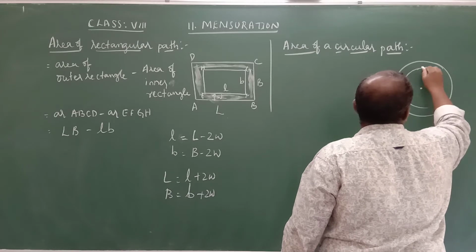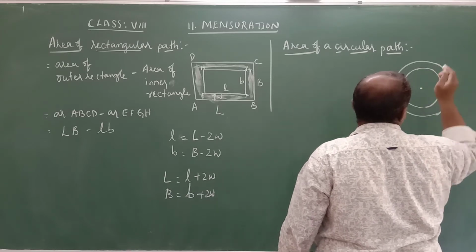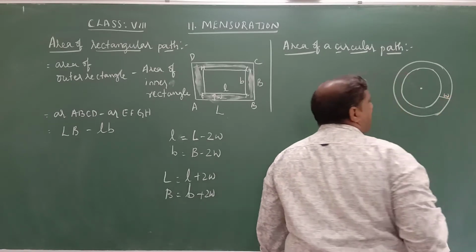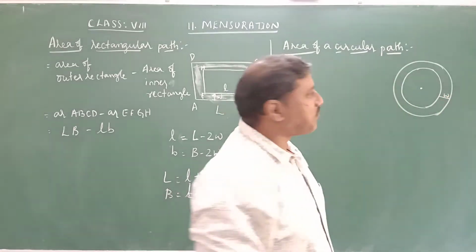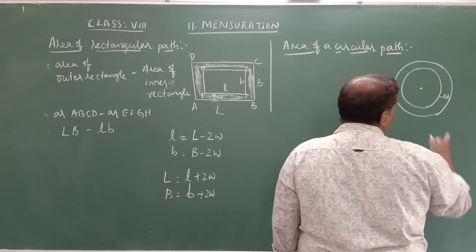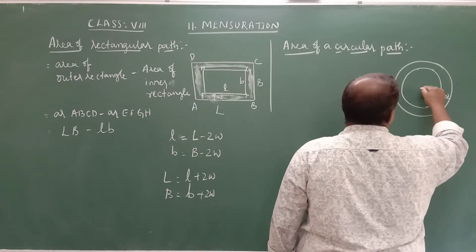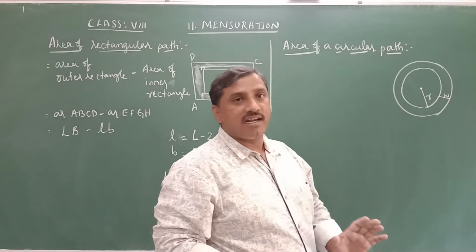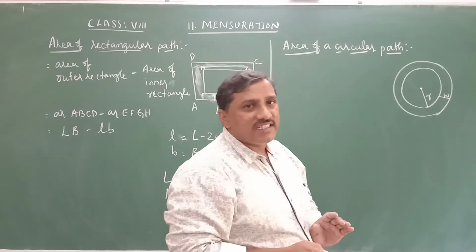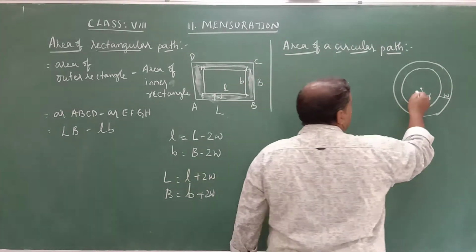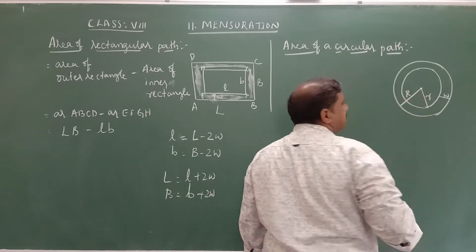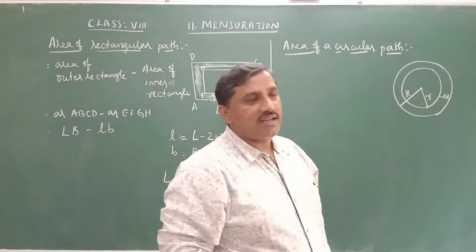So now what will this give you? Small w will give you the width of the circular path. Small r is the radius of the inner circle, and capital R is the radius of the outer circle.